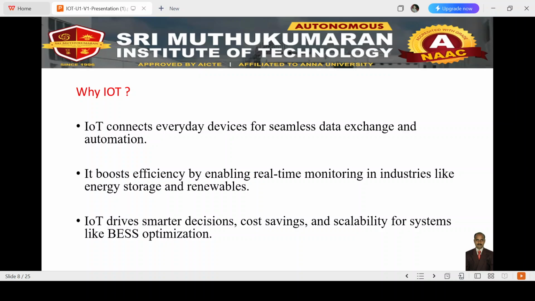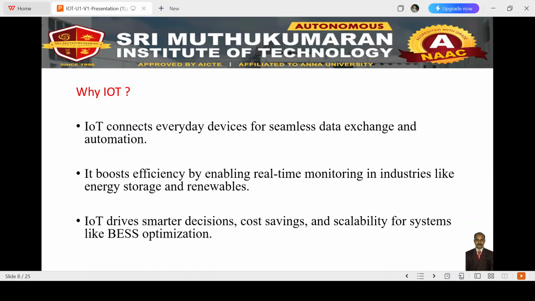Then, why do we need IoT? Because it connects everyday devices for seamless data exchange and automation. The main things are data exchange and automation. We need the devices to be connected together to make our life simple. It boosts efficiency by enabling real-time monitoring in industries, like industrial IoT, energy storage and renewables.